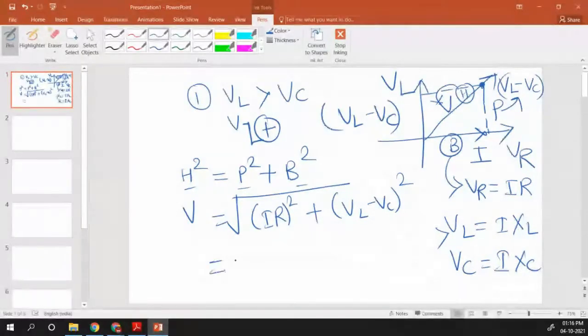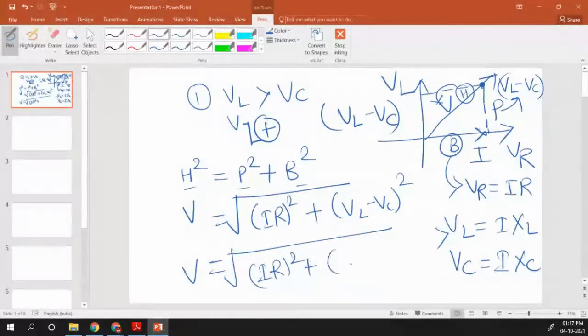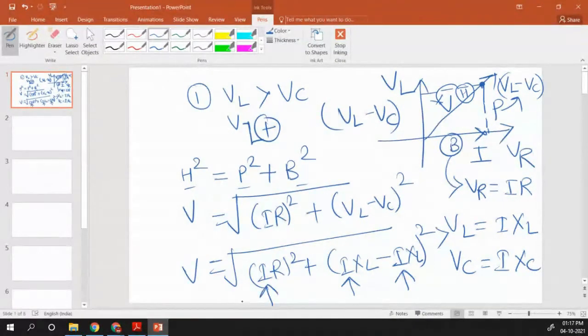Okay. So you can see right here, we will put all these values right here. (I into R) square plus (I into XL minus I into XC) whole square. So which term is common in all the equation? I is common in all the equation.